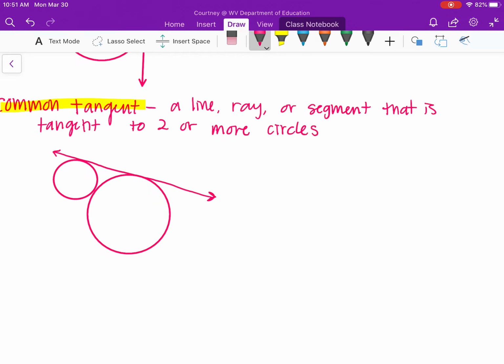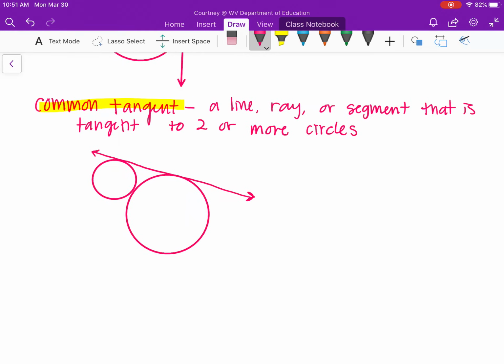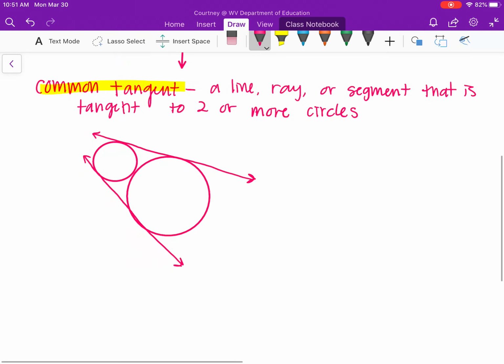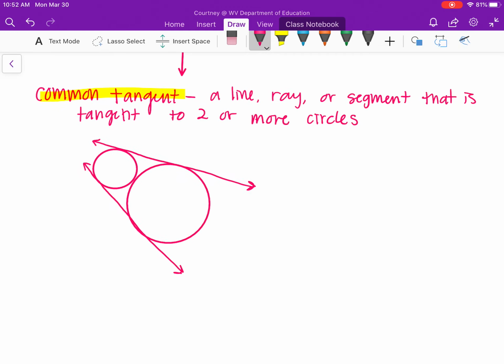Just once. Okay, is there another place where it can touch both circles? Right here. Okay, so these two circles have two common tangents. It's just where it touches two circles at the same time there.